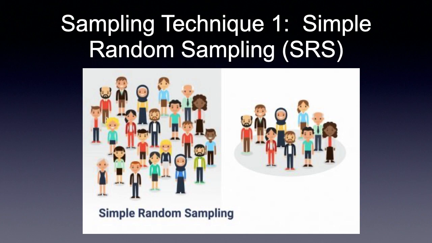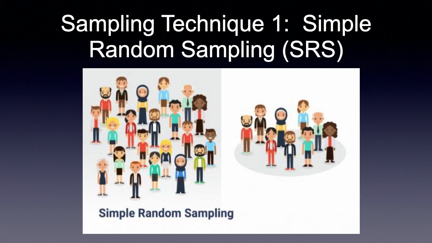All right, so the idea behind the simple random sampling technique is that if your population has, say, size big N, then the probability that each subject is selected is 1 over N. So each subject in the population has an equal probability of being selected.